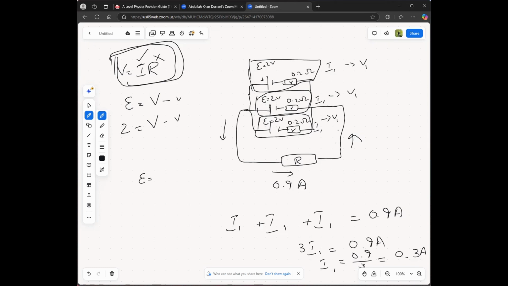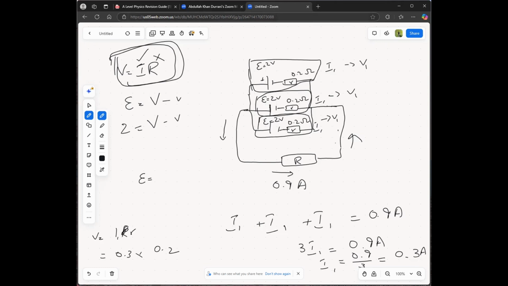So capital V is what we need to calculate, and the small v is the lost voltage that we can calculate because we know the internal resistance that is 0.2 ohm, and small v would be equal to I1 in this case, times the small r. So I1 is 0.3 times small r, 0.2.